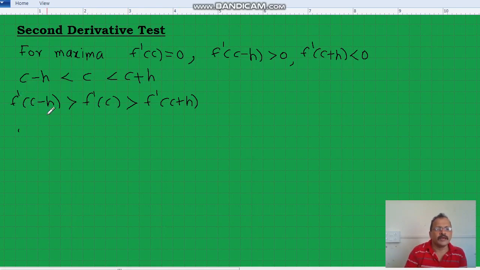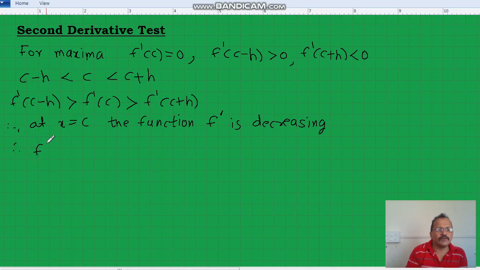Now observe here, c minus h is smaller than c is smaller than c plus h, where their f dash values are in reverse order, and therefore I can say that at x equal to c the function f dash is decreasing. Therefore the derivative of a decreasing function is negative. Therefore f double dash c, the derivative of f dash, should be negative.